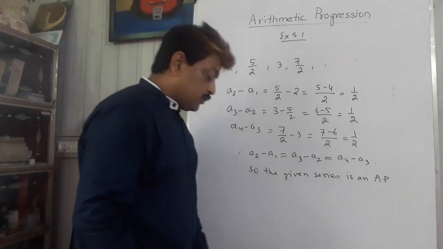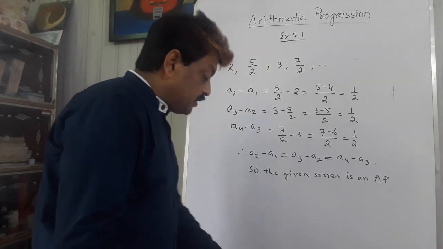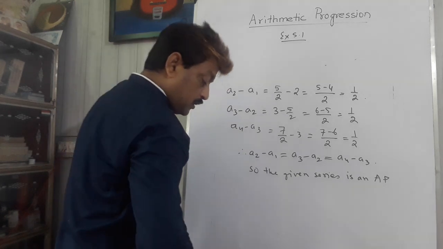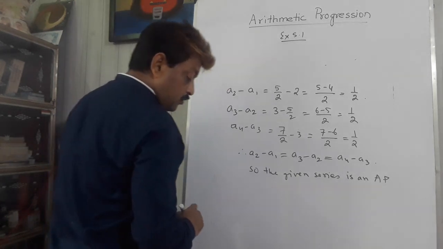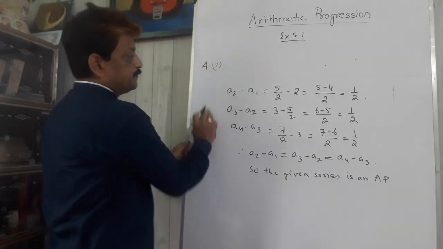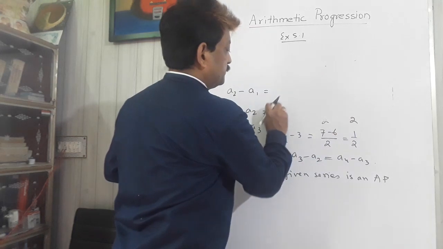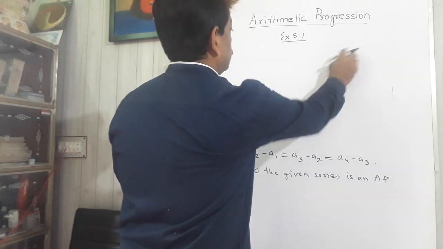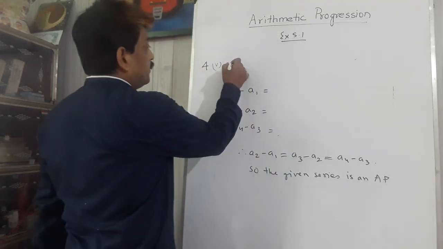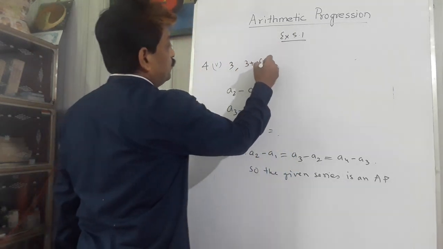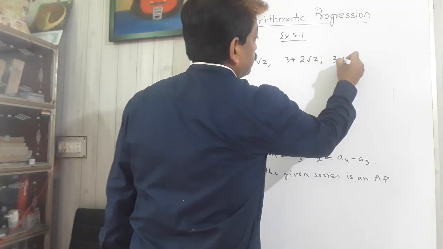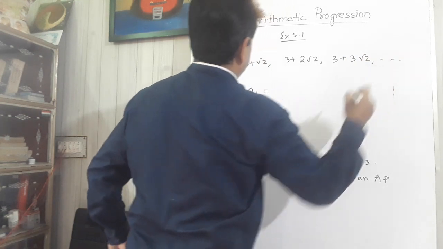Okay. Next question. The next series given is question number 4, Roman 5. It is given 3 plus root 2, 3 plus 2 root 2, 3 plus 3 root 2, and so on.